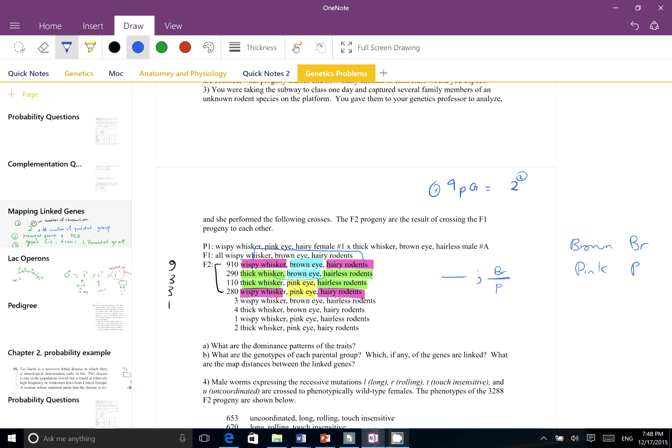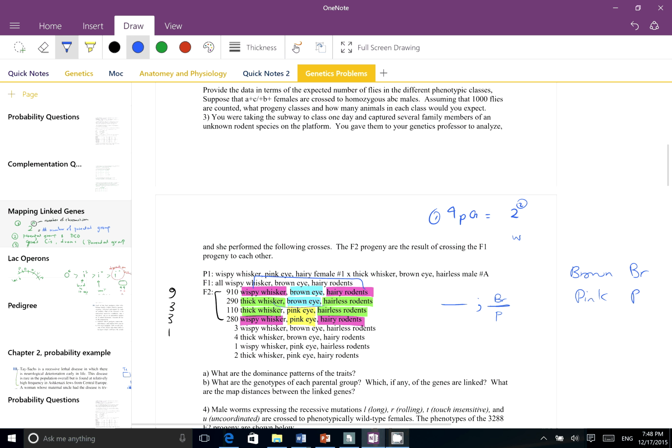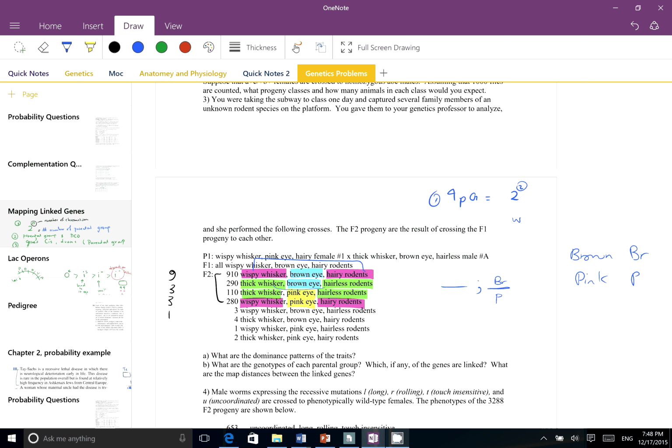And then for wispy whiskers, to determine wild type and non-wild type, I should have looked at the parental groups. Apologize for not pointing that out. Here they tell you that the female was wispy whisker, pink eye, hairy female. Oh, sorry. To determine which are the dominant traits, I would look at the big one.